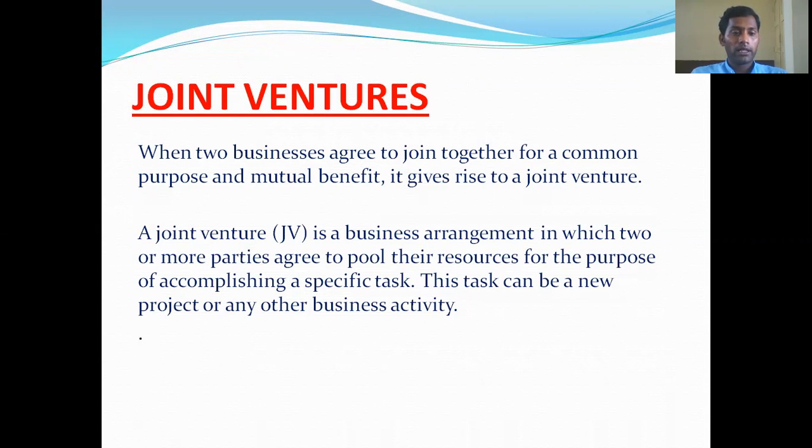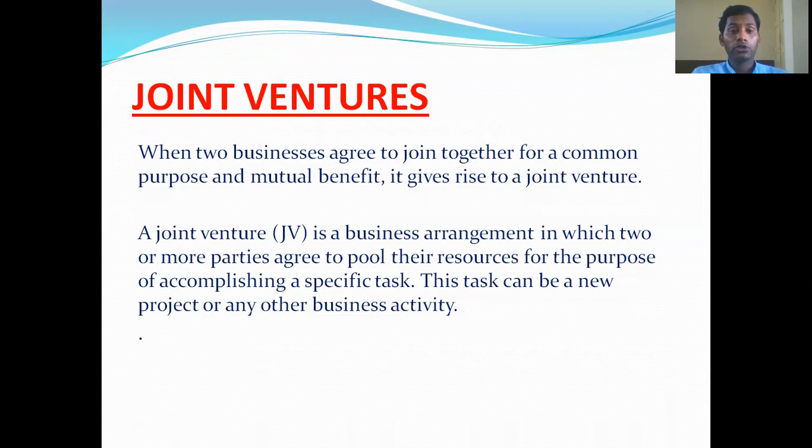Now, look at one more meaning. A joint venture is a business arrangement in which two or more parties agree to pool, that means collect, their resources for the purpose of accomplishing a specific task. It means two or more companies bring their resources together and accomplish some specific task. This task can be a new project or any other business activity.